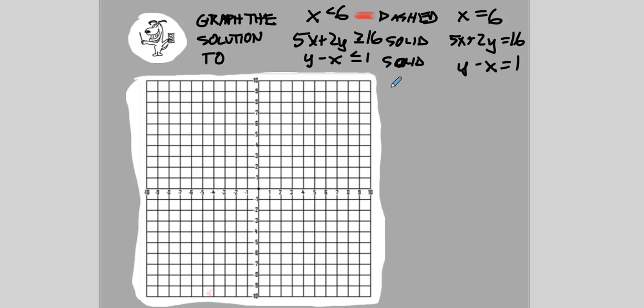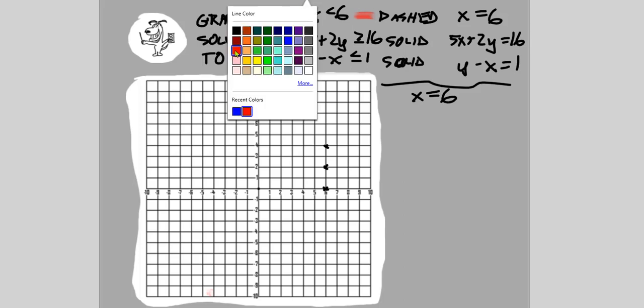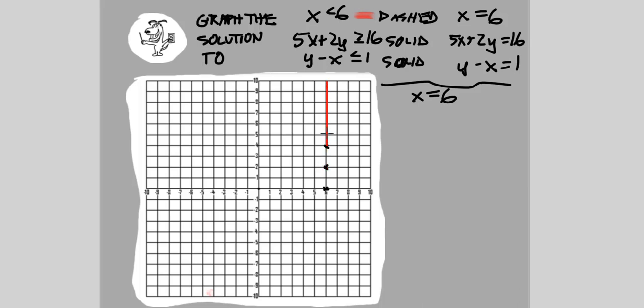So let's start with x equals 6. That's a vertical line everywhere. X is 6, it's dashed. So these points are going to be on that line. Dashed though, not solid.